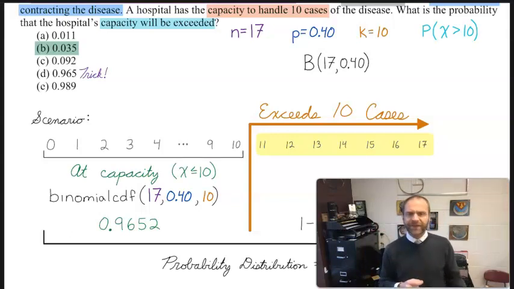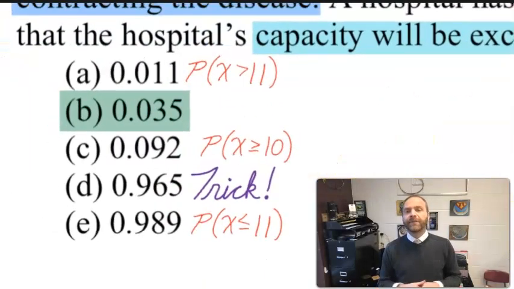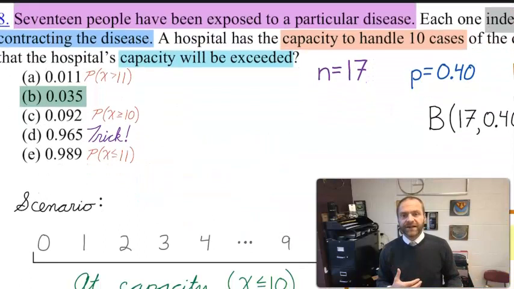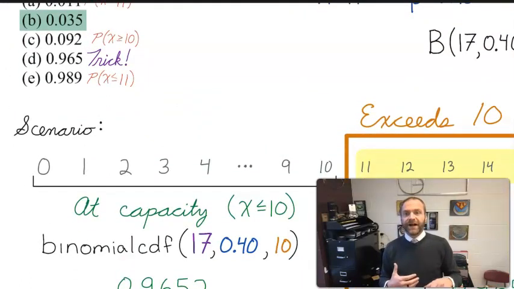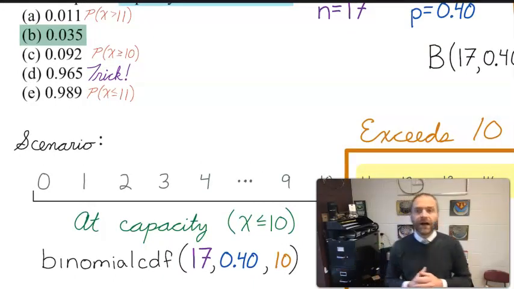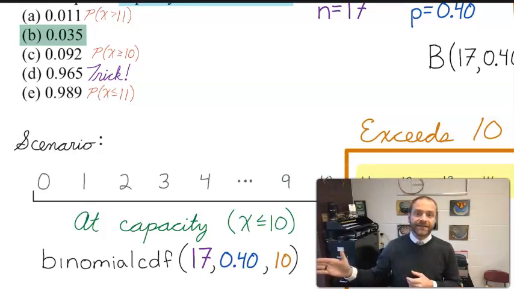It's really important. Now, what about the other choices? Well, choice A is the probability of x being greater than 11. So in that case, what it does is it does the binomial CDF, and it's going to put 11 down here rather than 10. C is probability of x being greater than or equal to 10, which means down here you would have 9 instead of 10.